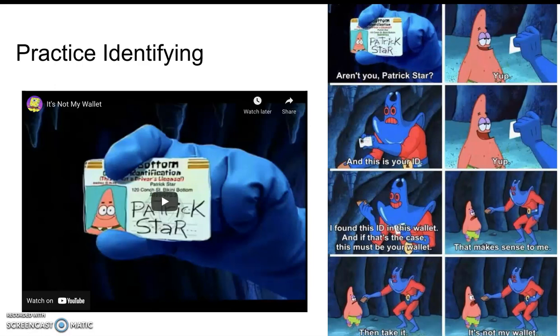So the rationale must be that image where they explain how all that information proves something. They specifically say, I found this ID in this wallet. If that's the case, it must be your wallet. See that phrasing, those words? If that's the case, must. The author is making a rationale that's clearly showing how everything's connected and proving a claim. It must be your wallet.